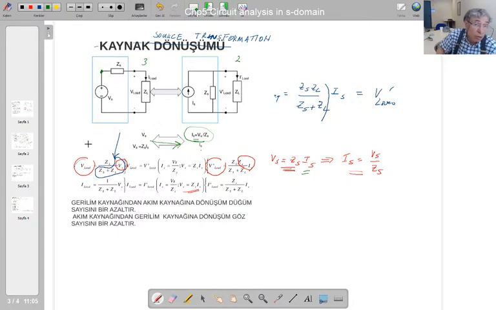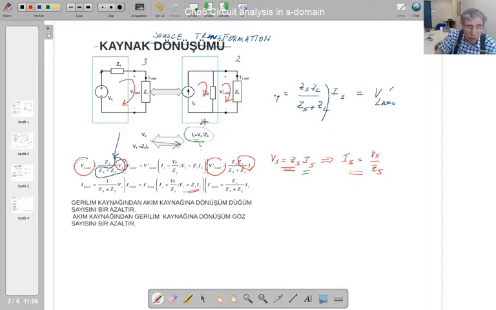The other thing that we could say, the number of meshes here is just 2, isn't it? But in here it is just 1. So you might consider ZL many elements included in the circuit. That means if you move from the right hand side to the left hand side, the number of mesh equations is going to be reduced by 1.